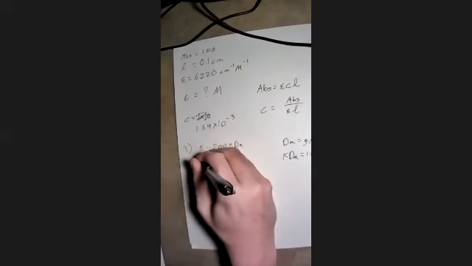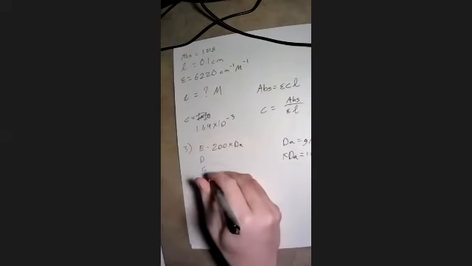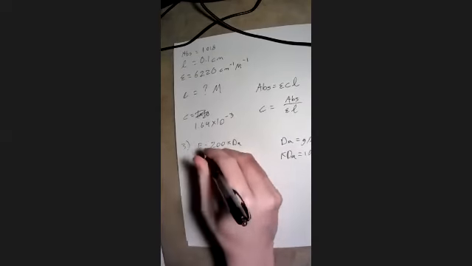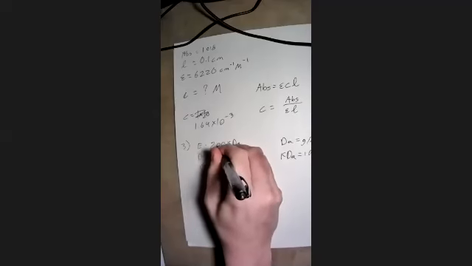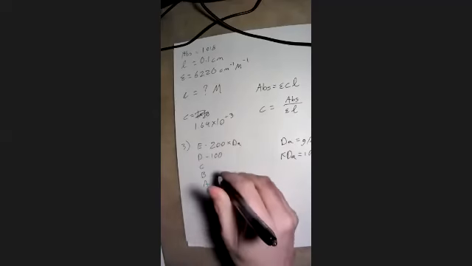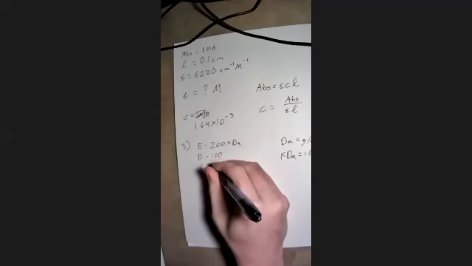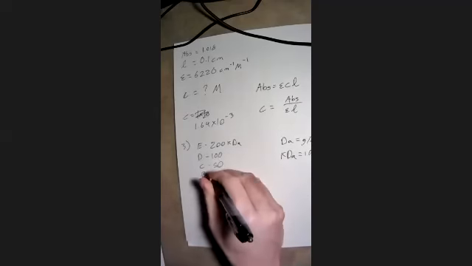So D, C, B, and A. D is going to be 100 because it's moved the second most. C is going to be the next lowest, which is 50. B is going to be the next lowest, which is 25.